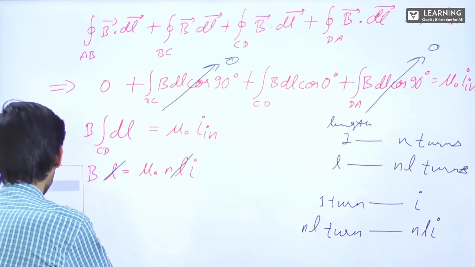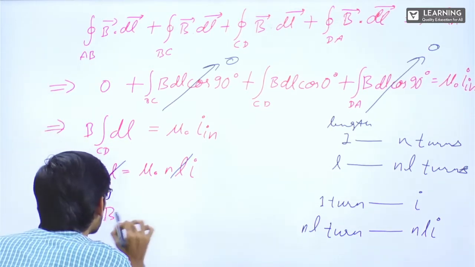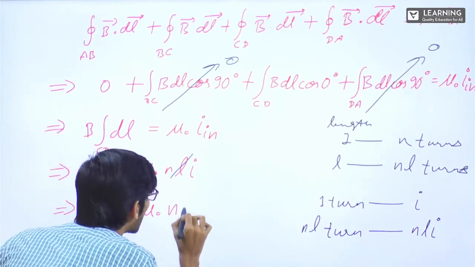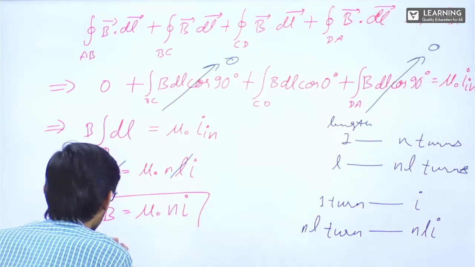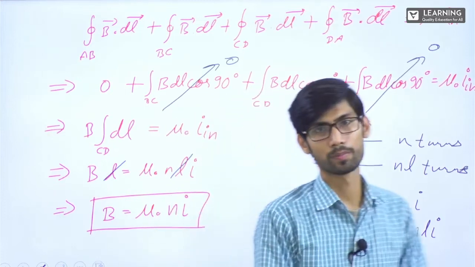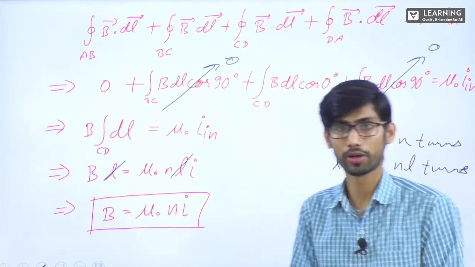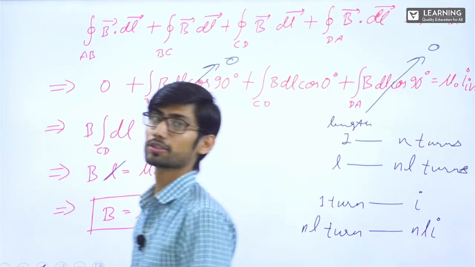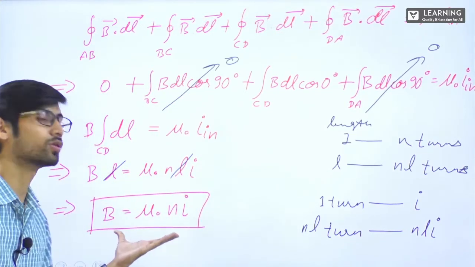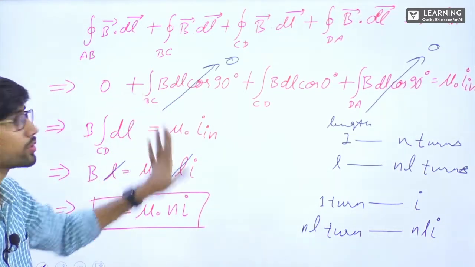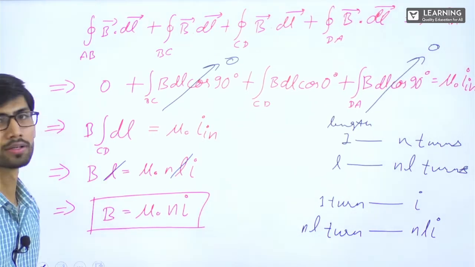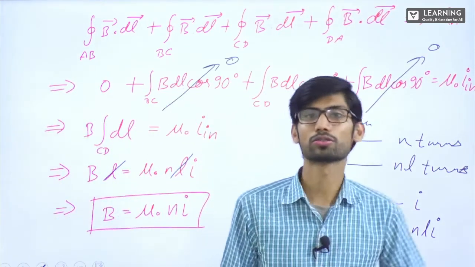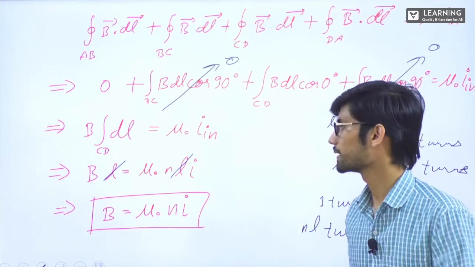What we have got is B is equal to mu naught nI. Same formula we got from Biot-Savart's law for an infinitely long solenoid, where we took theta 1 as 180 degrees, theta 2 as 0 degrees. Same formula, B is equal to mu naught nI. So from Ampere Circuit Law also you can get the magnetic field for an infinitely long solenoid. Clear? It's the same.